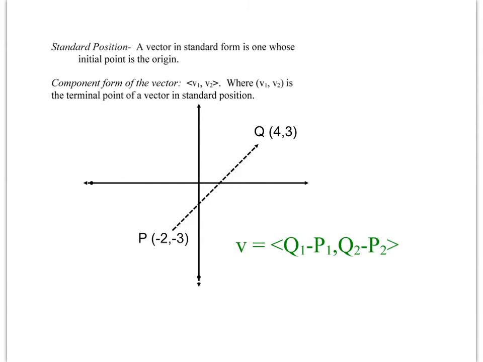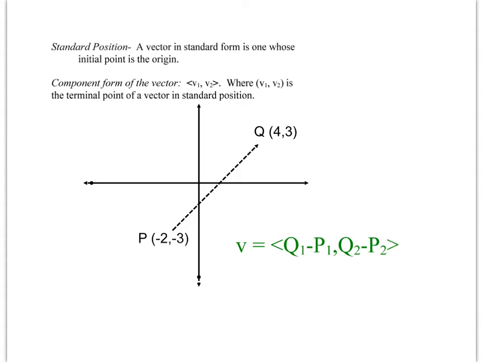Okay, a vector in standard position is a vector whose initial point is at the origin. That's how we're going to be working with most vectors. The component form of a vector is written with an ordered pair. The terminal point of the vector is an ordered pair whose initial point is at 0, 0, the origin.